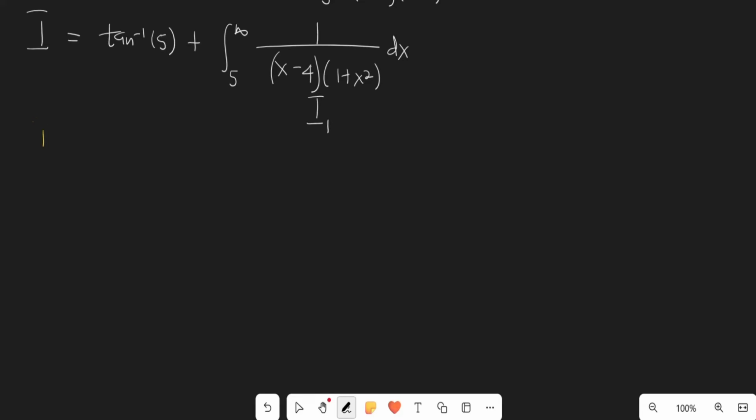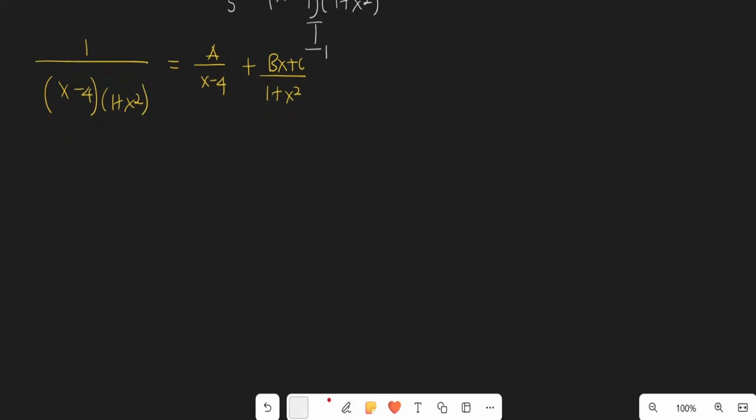So we have I1 to be equal to, so first of all, I'm going to simplify the integrand using partial fractions, and then I'll come back later on for the integral. Multiplied by this, and now using partial fraction, that's going to be a over the first one, x minus 4, and then bx plus c. This is divided by 1 plus x squared, the quadratic term.